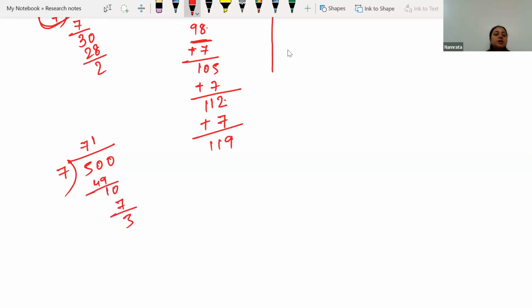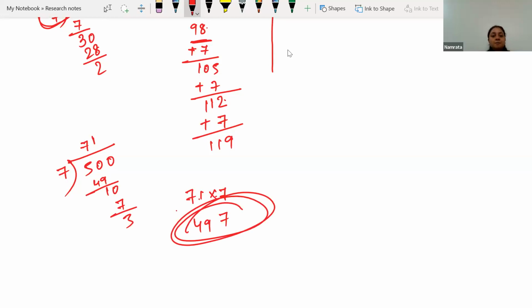Let it be whatever remainder we have got. We got 71 times it is fully dividing. 71 times 7 is 497. 497 is a number before 500 which is completely divisible by 7. Are you getting how we are finding it? Yes, ma'am. So let's write it.